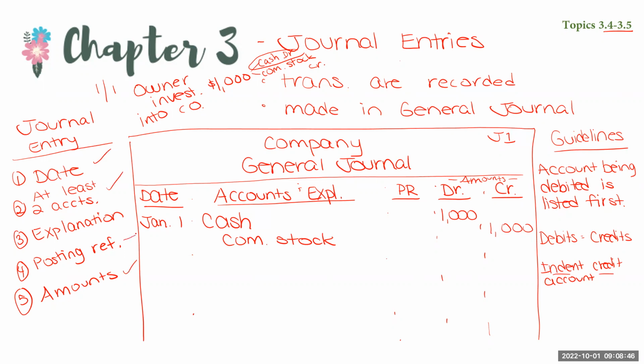Explanation: to record cash investment from owner, something like that. The explanation, you're just describing what happened. Okay, so there's no right or wrong explanation. I guess the wrong explanation would be if you wrote something that had nothing to do with the transaction, right? Like, I am easily distracted by cats. That's true, but it doesn't describe the transaction. Okay, so there's a journal entry.